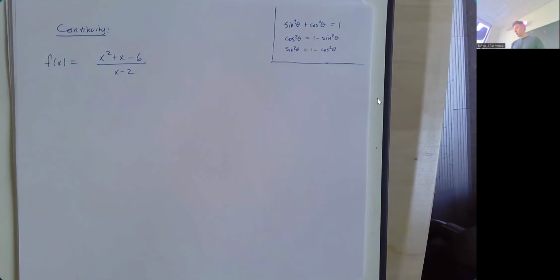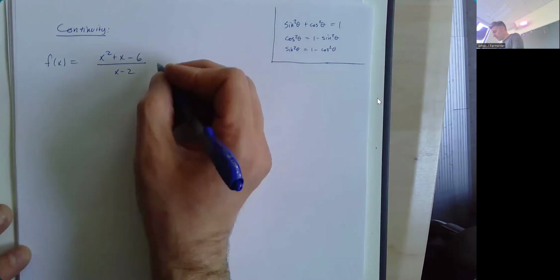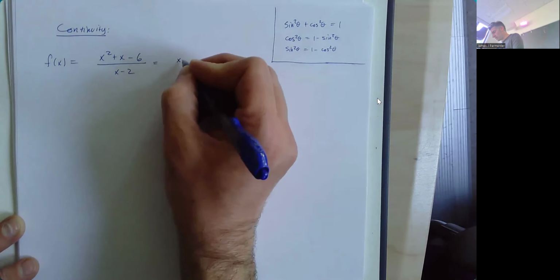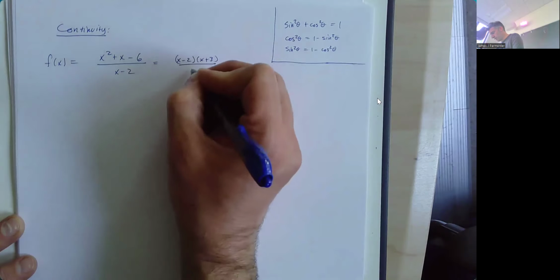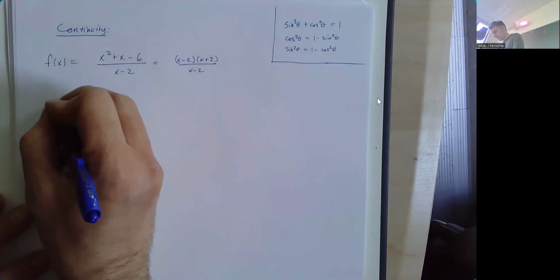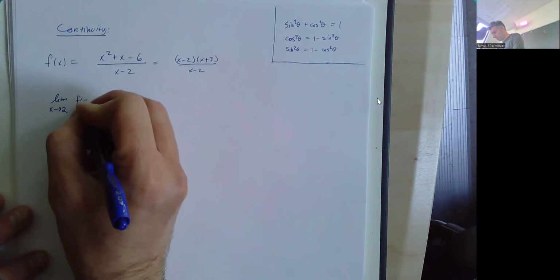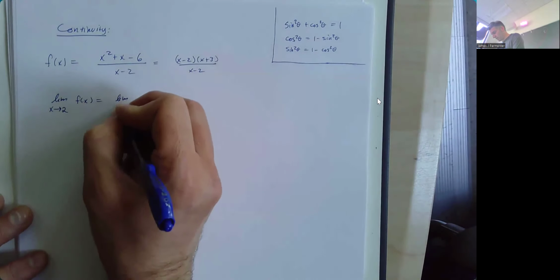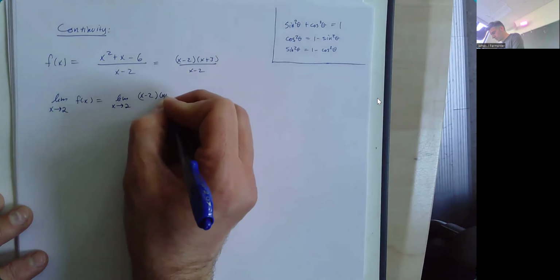Yeah. So this function here is equal to x minus 2 times x plus 3 over x minus 2. And I will point out that certainly the limit as x approaches 2 of this function is equal to the limit as x approaches 2 of x minus 2 times x plus 3 over x minus 2.